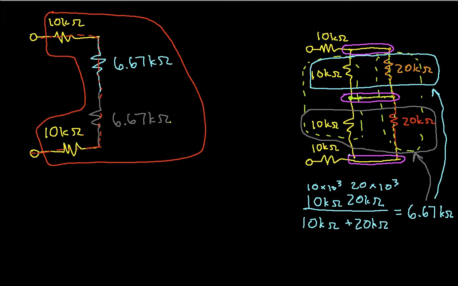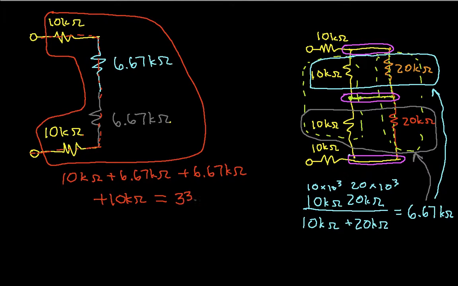So the equivalent resistance will be the sum of the resistances, and that sum is given by this expression, which, if I work it out in my head, I'll probably get it wrong, but we'll try anyway.